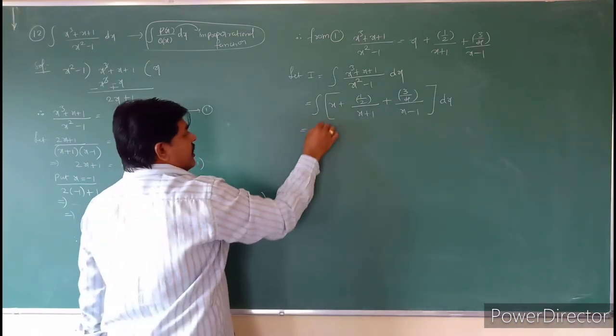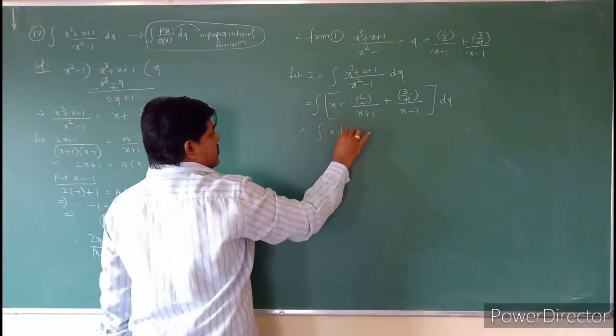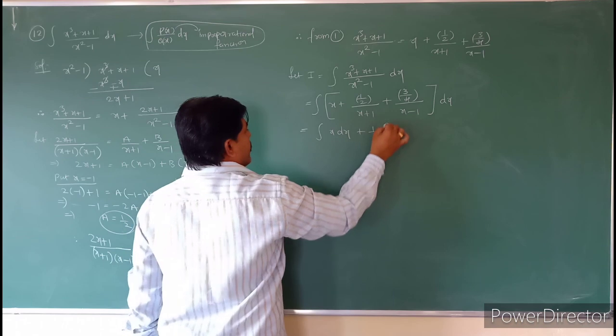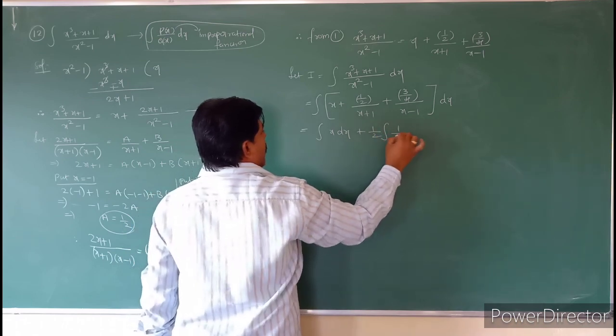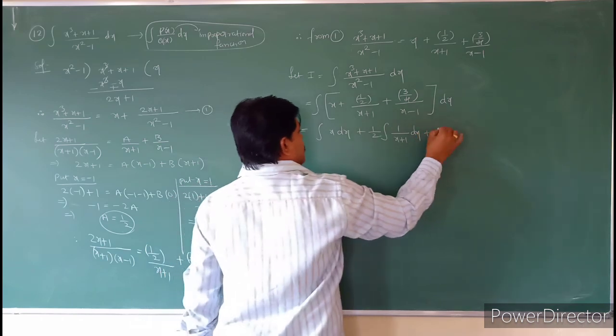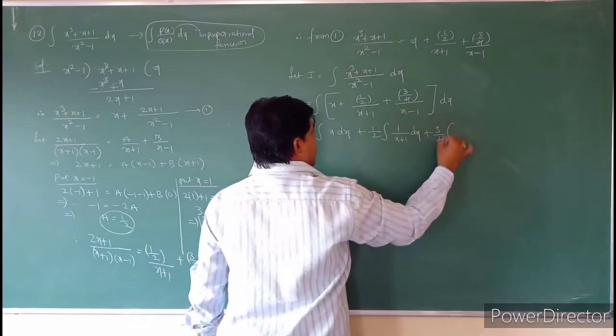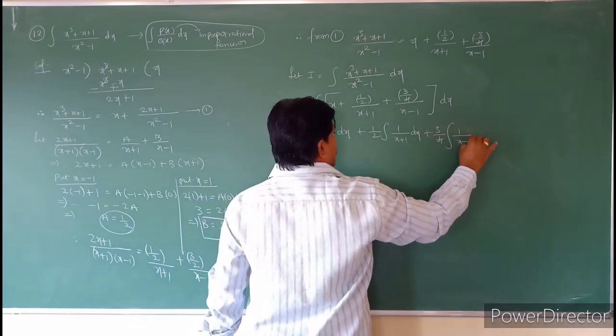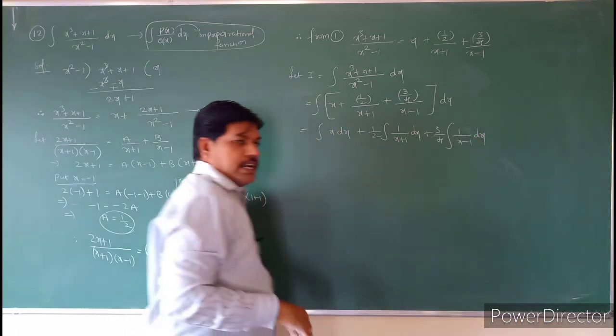So you can write it as integral of x dx plus 1 by 2 into integral of 1 by x plus 1 dx plus 3 by 4 integral of 1 by x minus 1 dx.